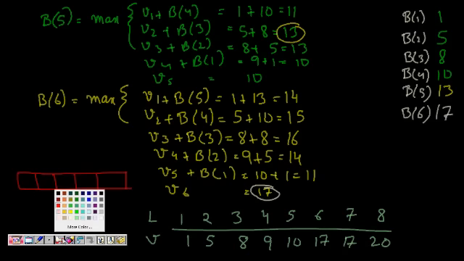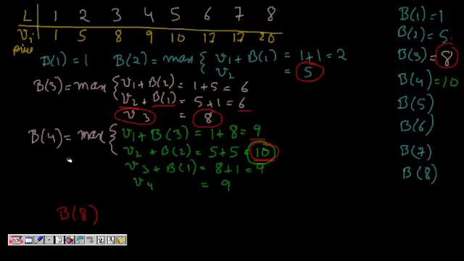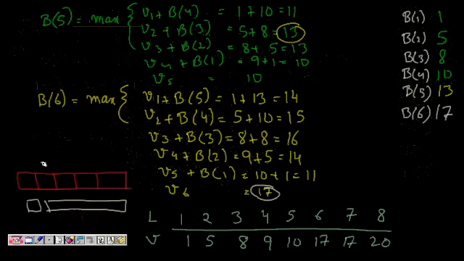So I can now do what? I can take off one length and the rest is of length 4, and this I can again divide into the best possible case, which I already have calculated. I know I can calculate in many ways. Of length 2 and 2 gives me the best, so I already know that. The best possibility is I can have v1, a cut of 1 length.